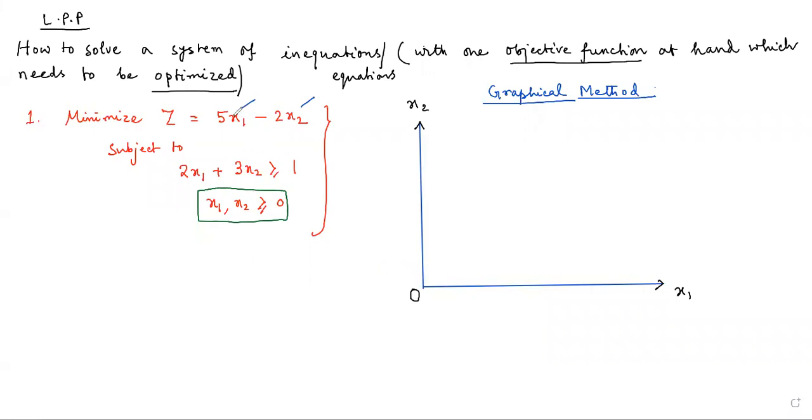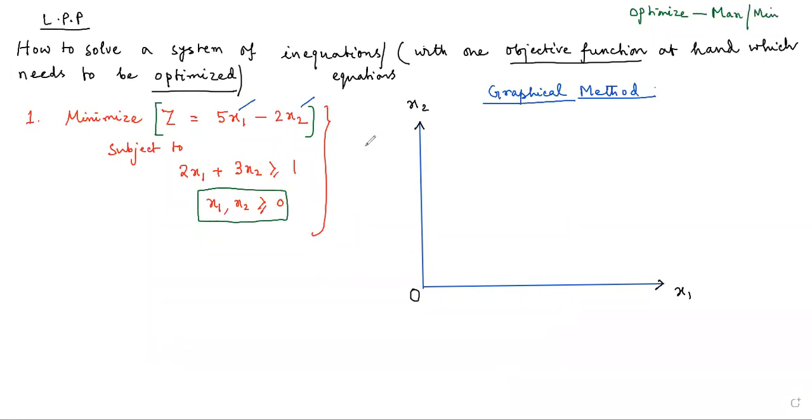Now, this particular function that we need to optimize. Here we need to minimize it, because optimize is the general word which stands for either maximization or minimization.